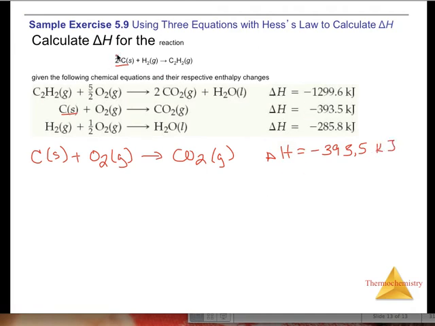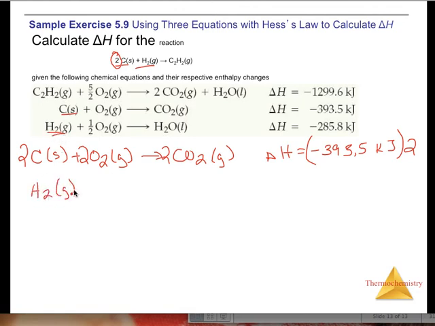But if you notice, I have a coefficient of 2. Well, I can just multiply everything in this equation by 2, including the enthalpy. Okay. Notice that the next thing is H2. It only shows up here.